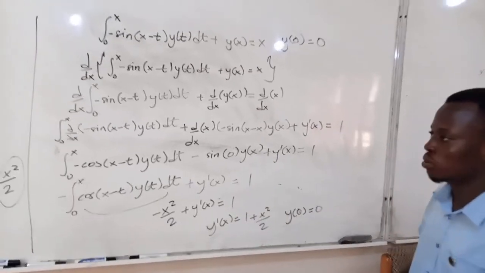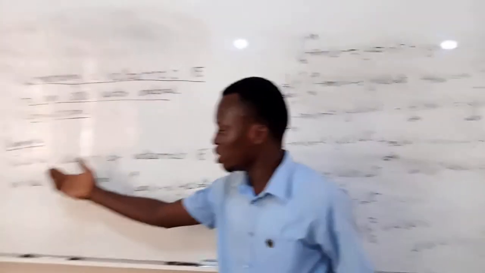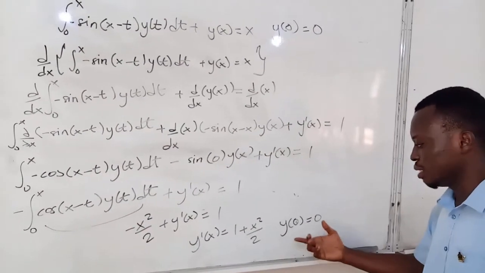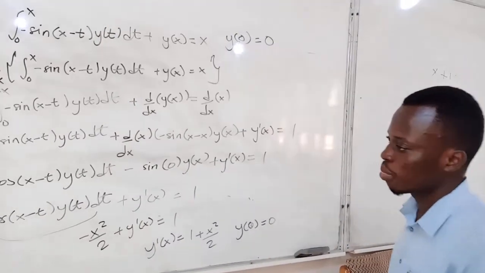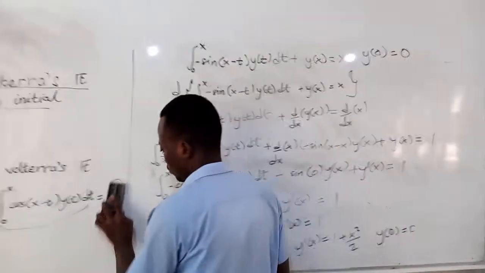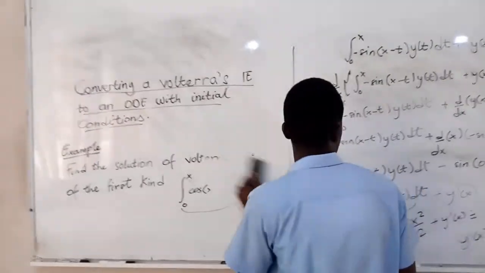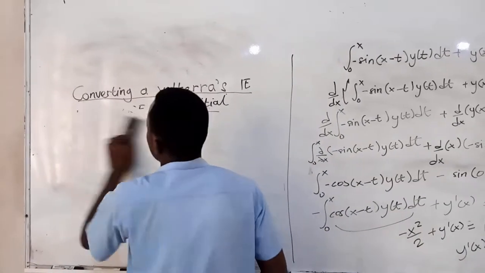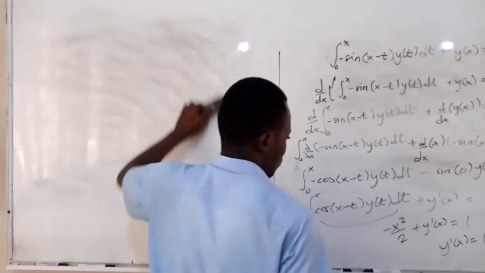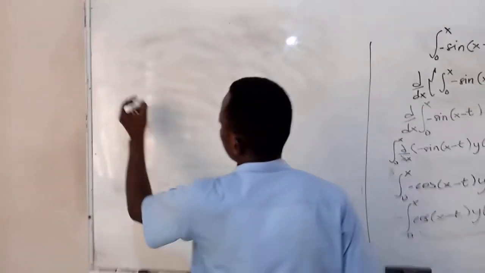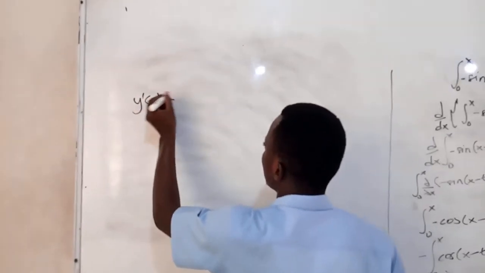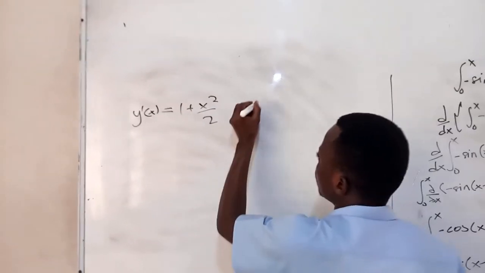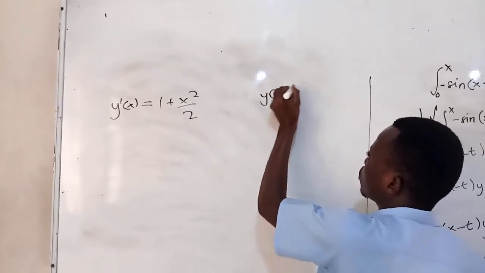Now, you should find a solution. So having this ODE together with its initial condition, you have to solve this ODE. We have y prime of s equal to 1 plus s squared divided by 2, and y of 0 is equal to 0.